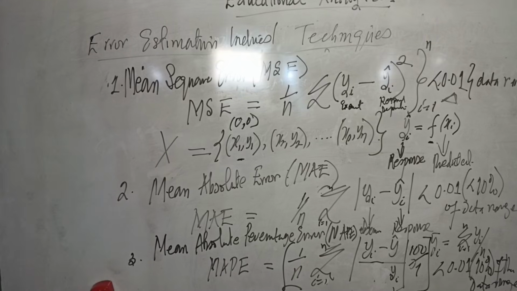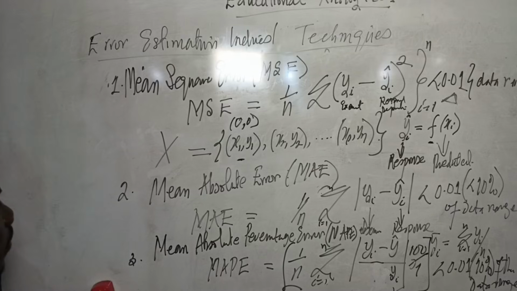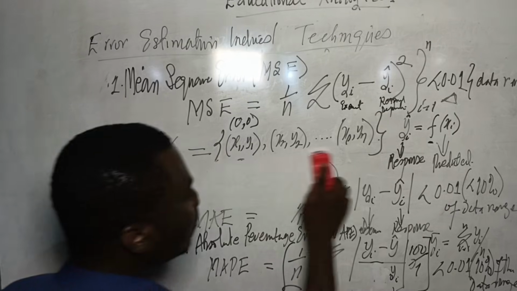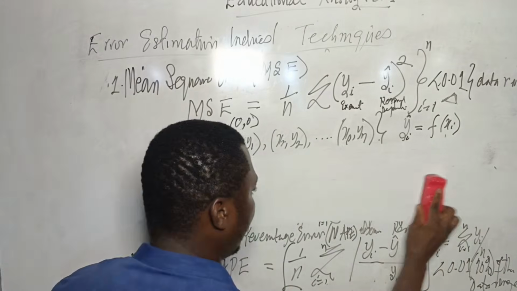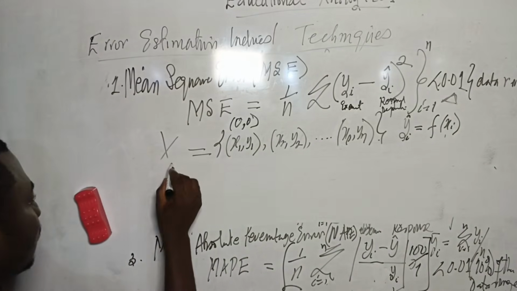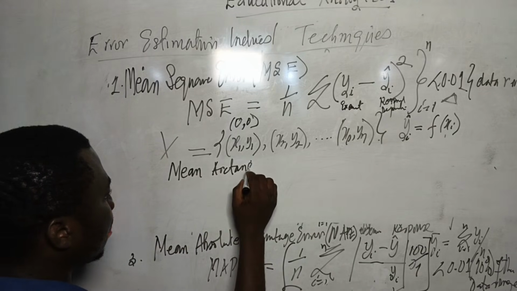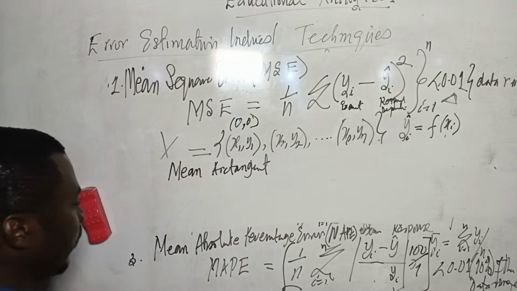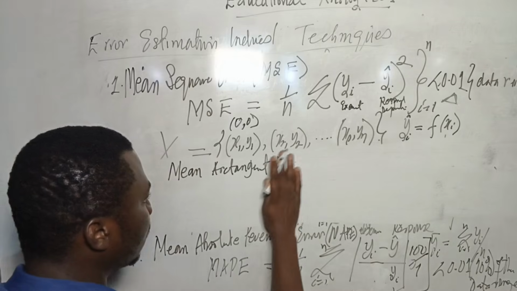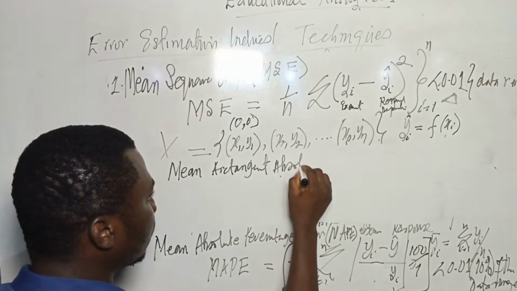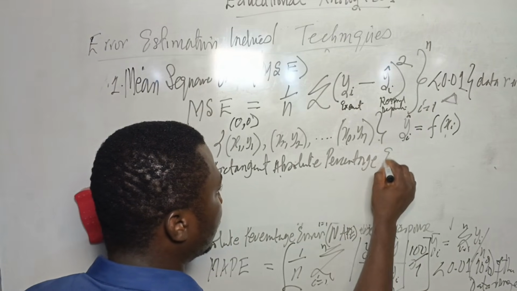So the next one that we should consider is the mean arctangent absolute percentage error.